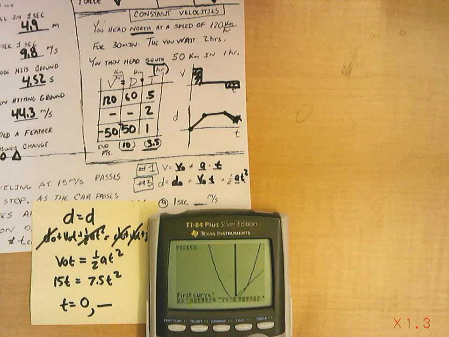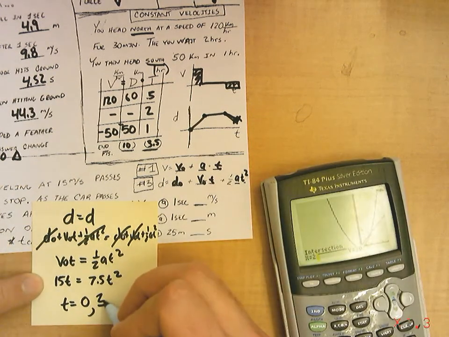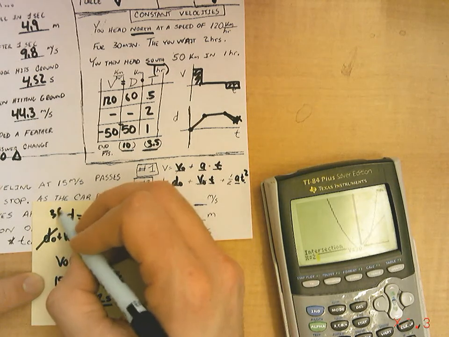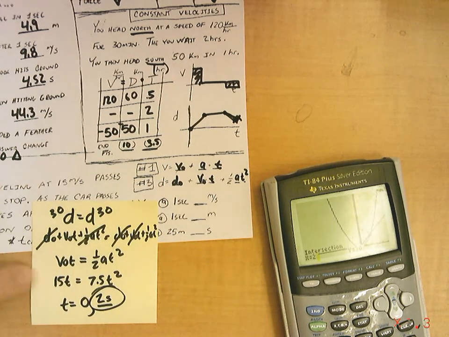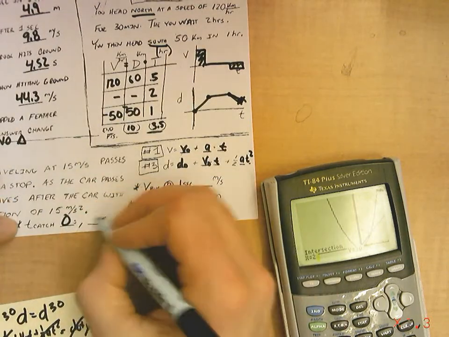I'm looking at my cursor right about, okay, find that time. X equals 2 seconds, a distance of 30. So they meet at 30 at a time of 2 seconds. And there we go. So 0, 2.